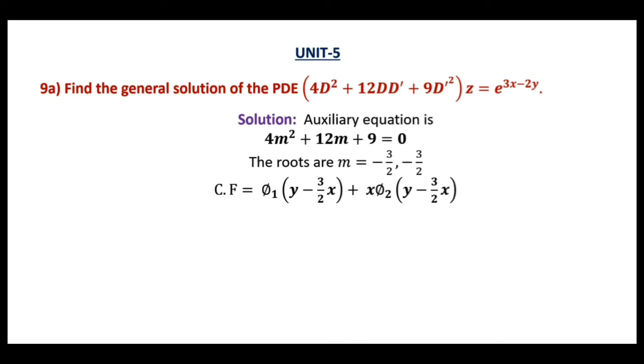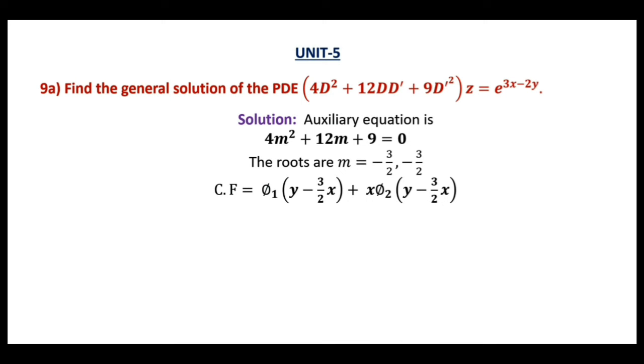The general solution is always in the form of z = φ(y + mx). It is repeated, so we have φ1(y − 3/2 x), where m is −3/2, plus x φ2(y − 3/2 x).